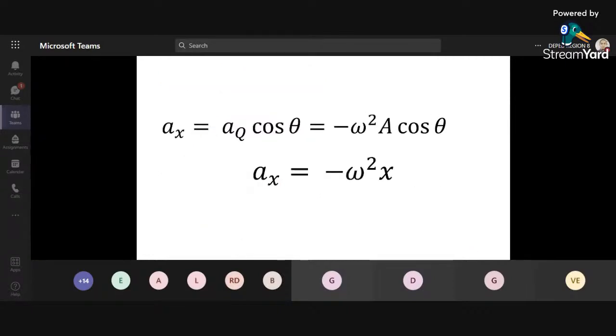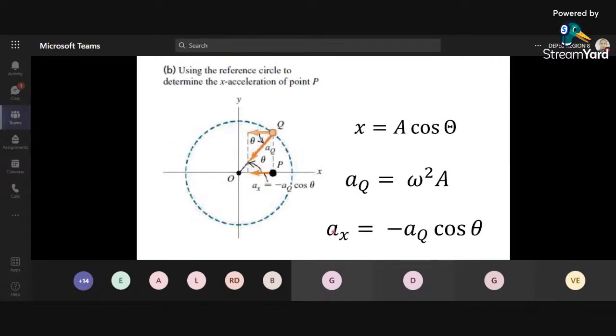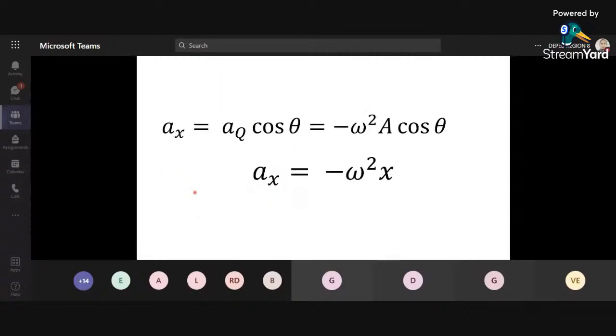So, if we rewrite this equation here, we get the acceleration in the x-axis of point P is equals to the acceleration of Q multiplied by cosine theta, which is equals to the square of the angular speed multiplied by the radius of the circle multiplied by cosine theta.